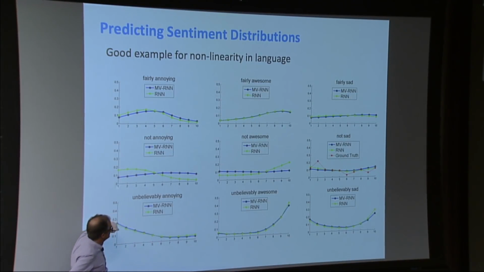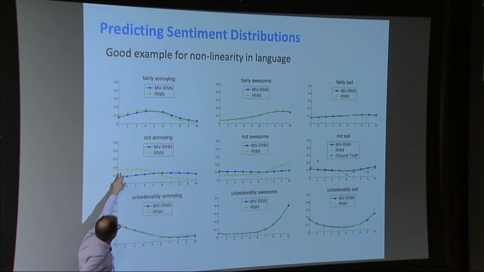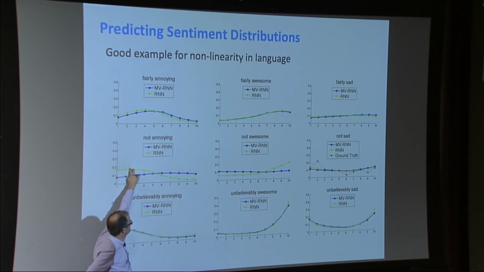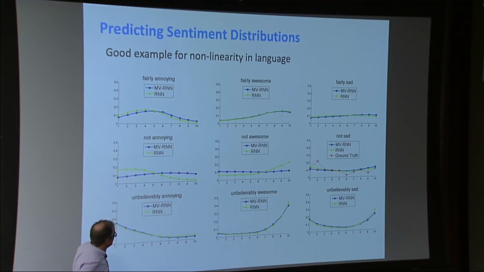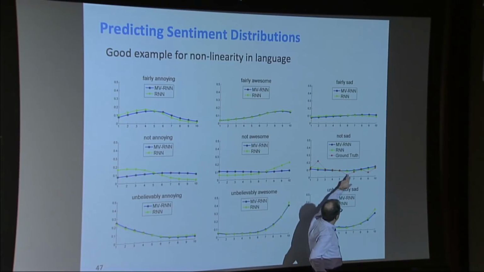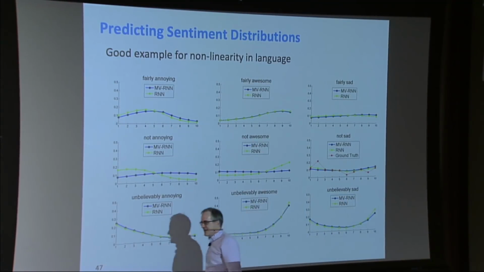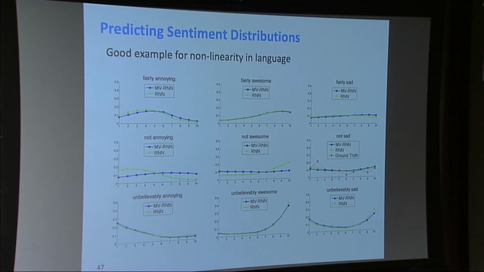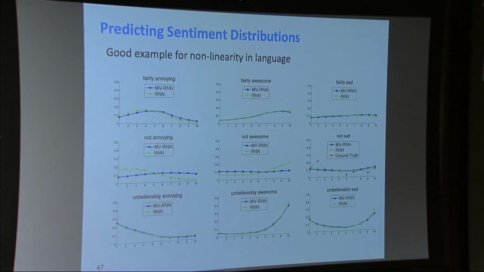For not annoying, the simple model thought this is pretty negative, whereas the new model thinks this is pretty neutral in meaning, and that seems reasonably correct. For not sad, that means it's a little bit positive, and both models were trying to capture that. The results here are a little bit ambivalent, but they go a little bit in the direction of what we want.